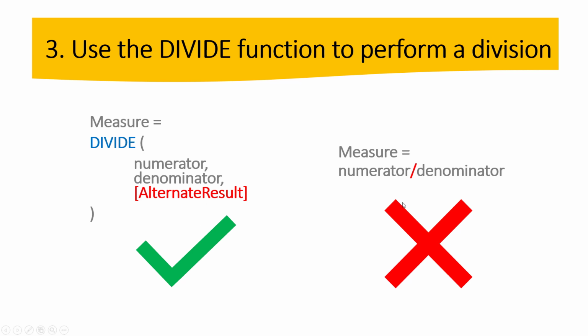But if we use just the divide operator, there is no way that we can do that. It's gonna give us an error anyways. Also, if we use the divide function, we can write it in a more concise and elegant way. So those are the main reasons to use the divide function instead of the divide operator.